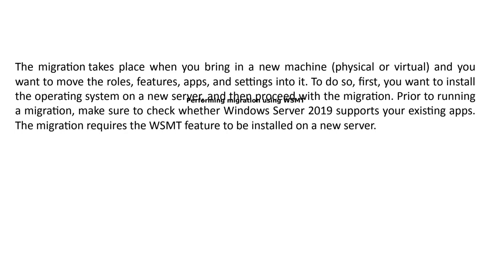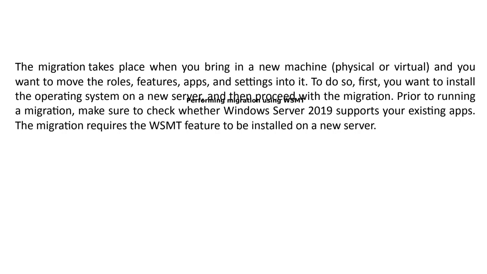Can you repeat? Let's say I have an old server, but the memory is less. I want something fast, so I purchased a new server. What I will do first, I will install Windows Server 2019 on the new computer. First step.